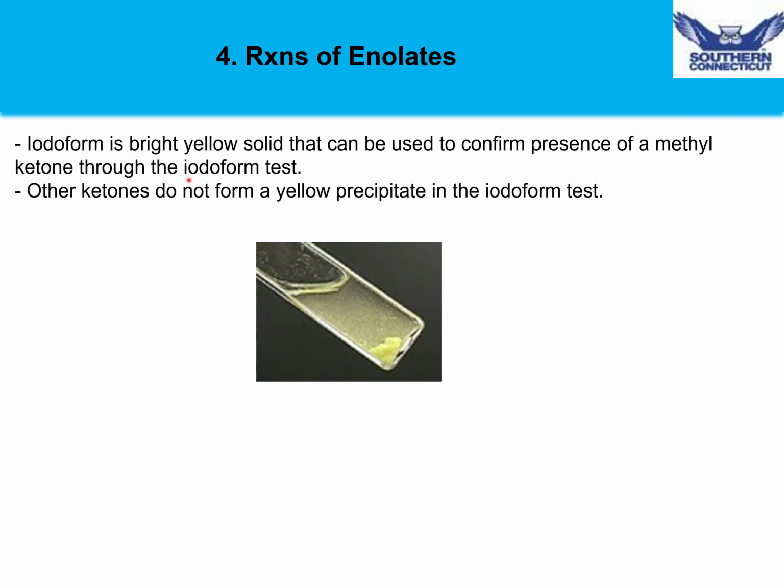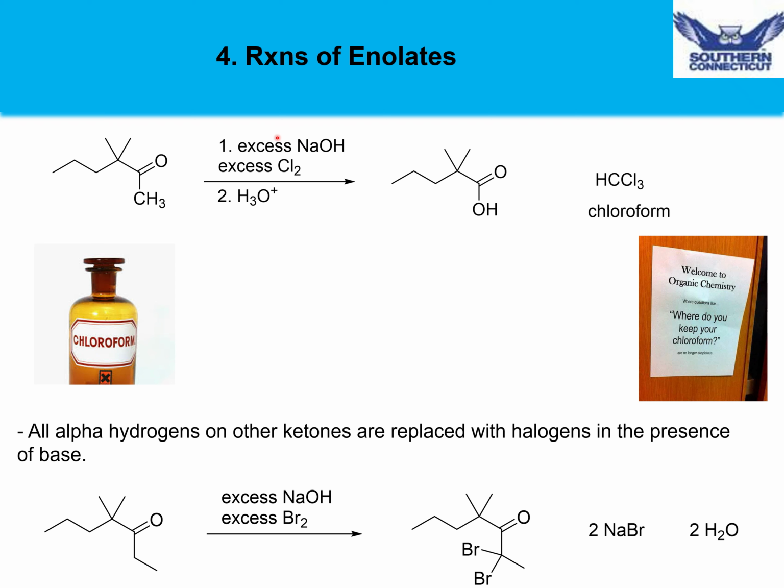Here's another example of the haloform reaction. So using an excess of sodium hydroxide, an excess of Cl2 with this methyl ketone, followed by aqueous acid, we can turn that methyl ketone into a carboxylic acid. So notice we're replacing the methyl group with an OH group.